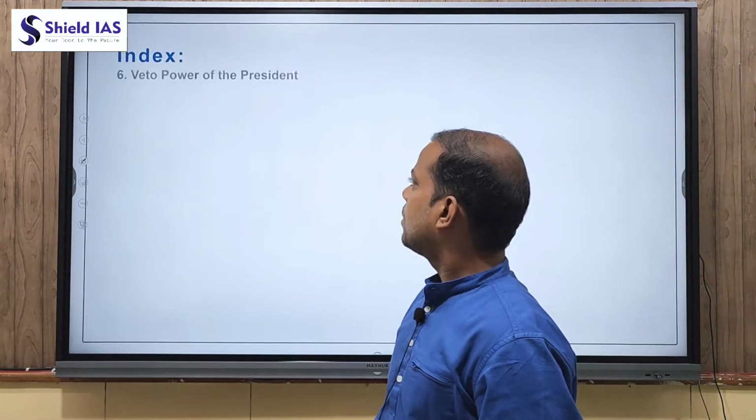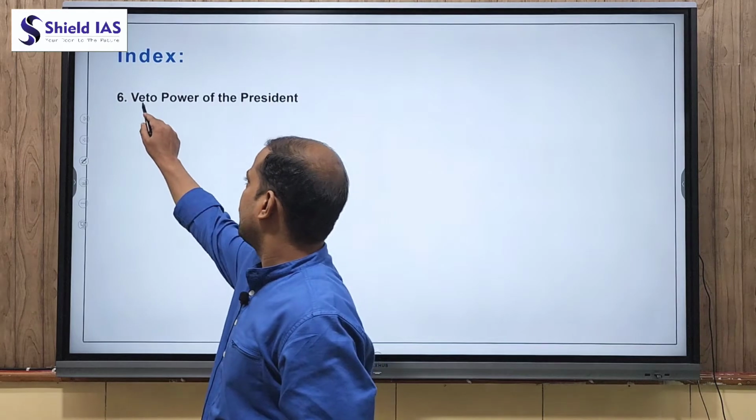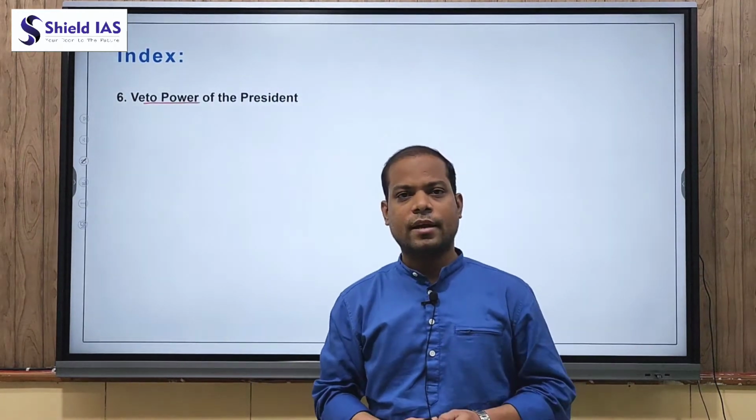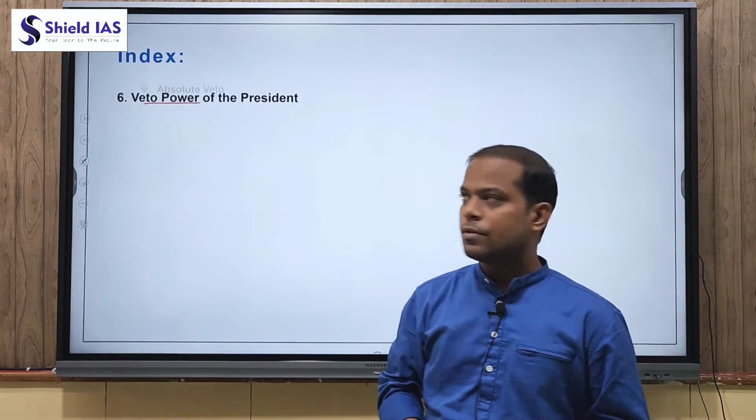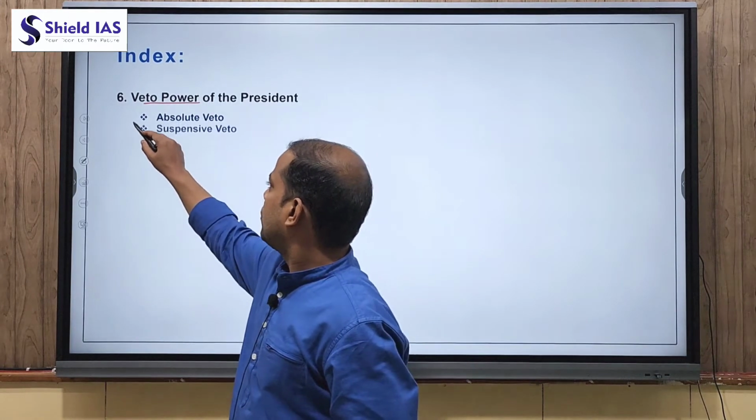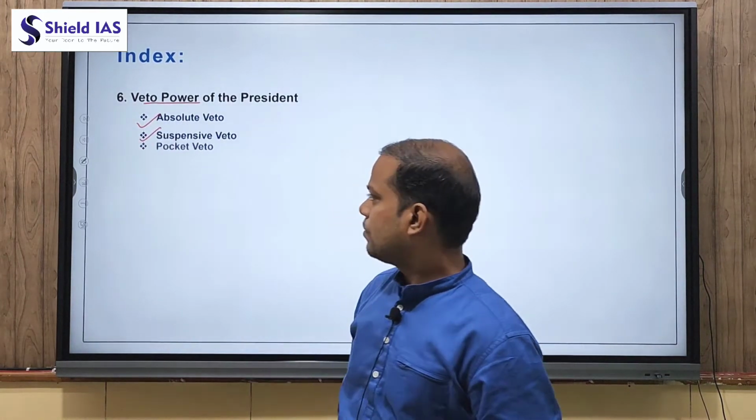And the next point is veto power of the President of India. We have three kinds of veto: one is absolute veto, second is suspensive veto, and third is pocket veto.